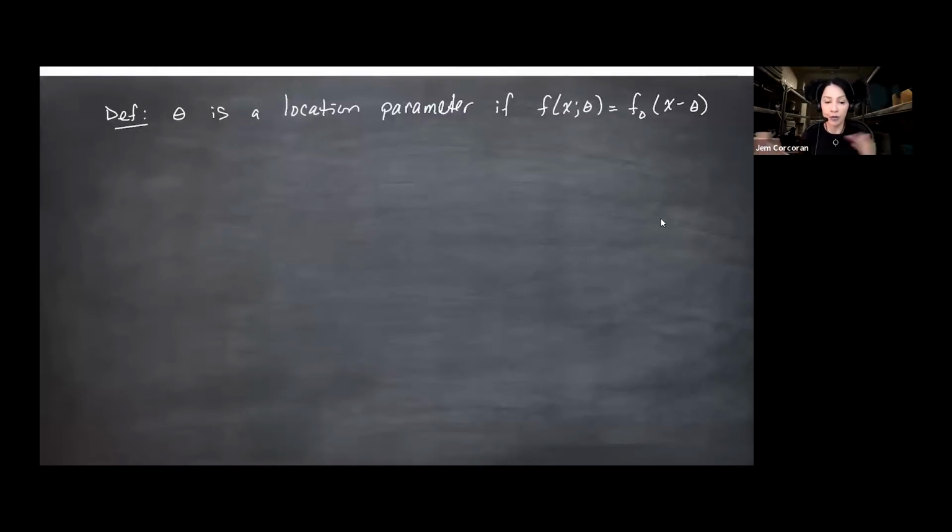Like the mu for the normal distribution, or the theta for the shifted exponentials we've been looking at. These just shift distributions left and right.